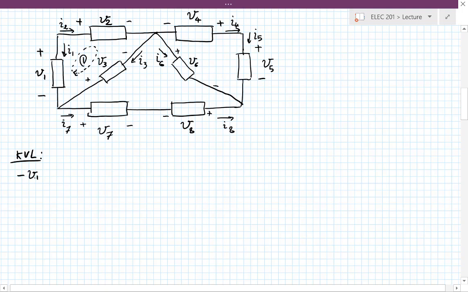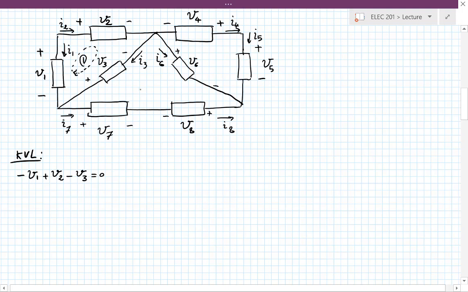Next, I'm going clockwise, so I come across V2, and I happen to hit the positive side first, so I'll include that with a positive sign. And finally, I have V3. And if I go clockwise, I'm encountering the negative side first. So minus V3. That's my KVL equation number 1.